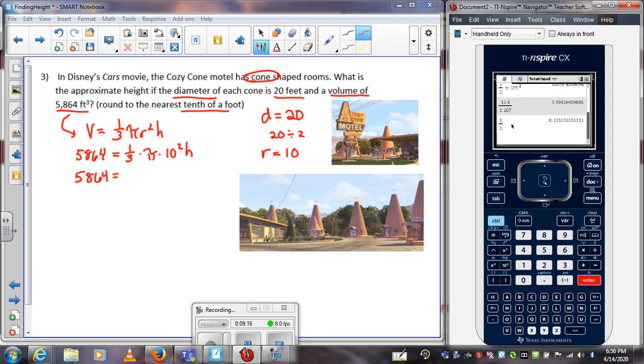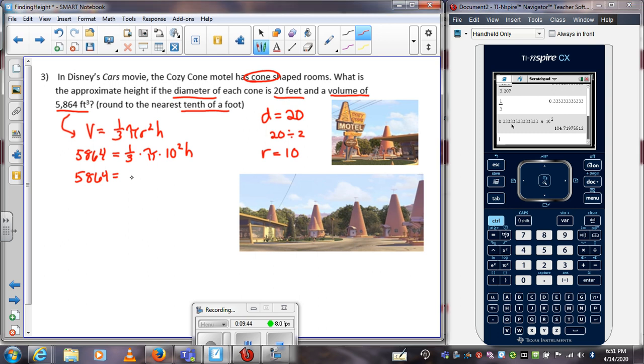Okay, hit enter, so I'm going to get 0.3 repeating times pi times 10 squared, or you could type in 100 if you know that. Alright, so it looks like I'm getting 104.719. Alright, I'm going to take 4 decimal places there.